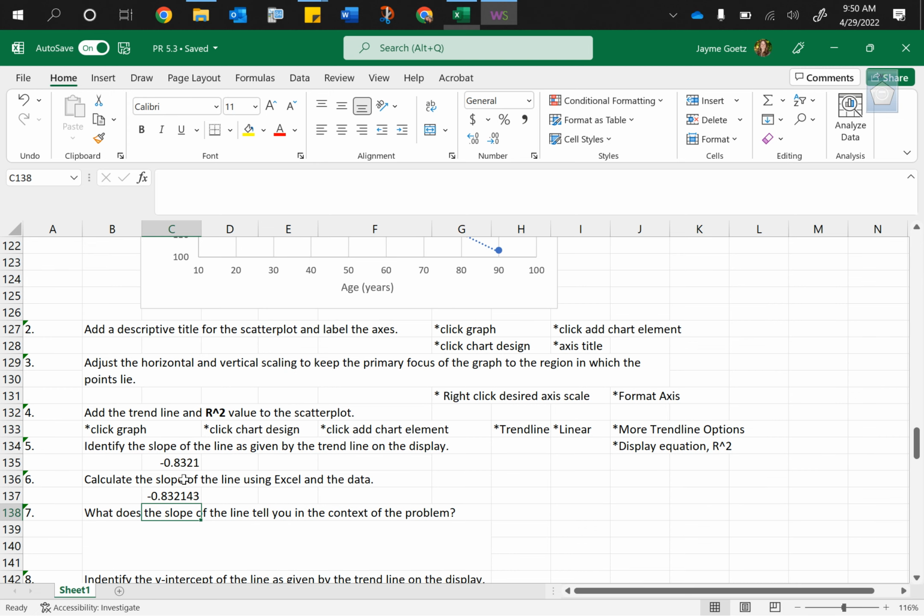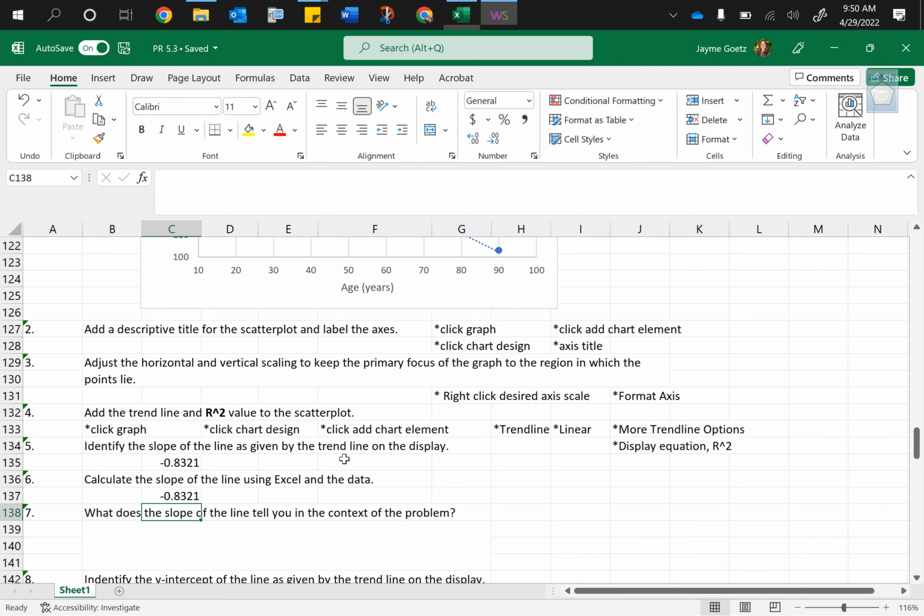What do you notice? They're the same. That's supposed to happen. That's really good. They're telling you, hey, our data is coming directly from the formulas that we use. So if you show that equation, all of a sudden that's going to give you all of this information without having you do that work.